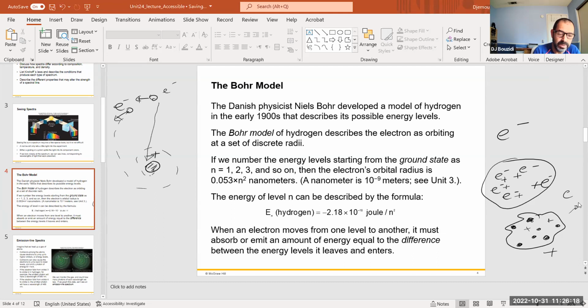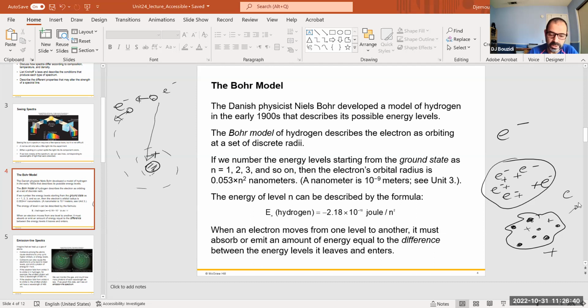They don't fall straight in, but they will spiral down. And if you calculate how long it takes for an atom's electrons to spiral down, you will find it takes no time at all. Before you even blink your eye, the atom becomes neutral again. Basically, there will be no more electrons, and the protons and electrons will combine again. So that model is a problem, even with the picture that is similar to the solar system.